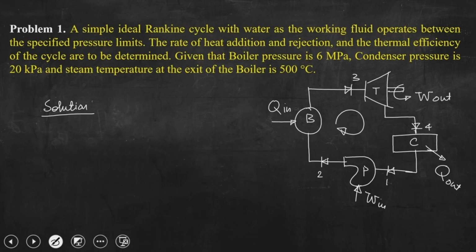Now, it is given that the cycle is operating between two specified pressure limits. So, what we need to do? We need to write down the quantities which are given in the problem statement: boiler pressure and so on. But before writing them, let us draw the TS diagram.